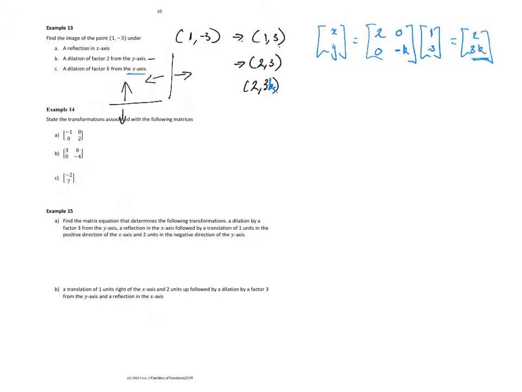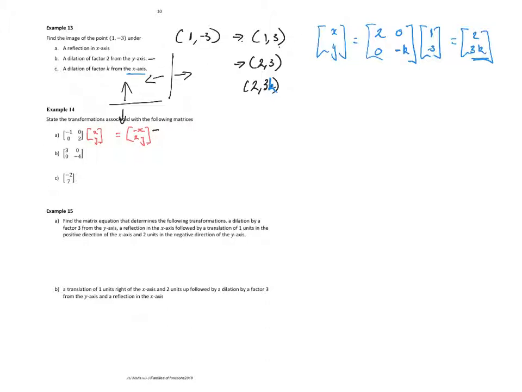If we have a look at example 14, until you get used to it, put a little x, y there and multiply. I get minus x and a 2y. So what do they describe?